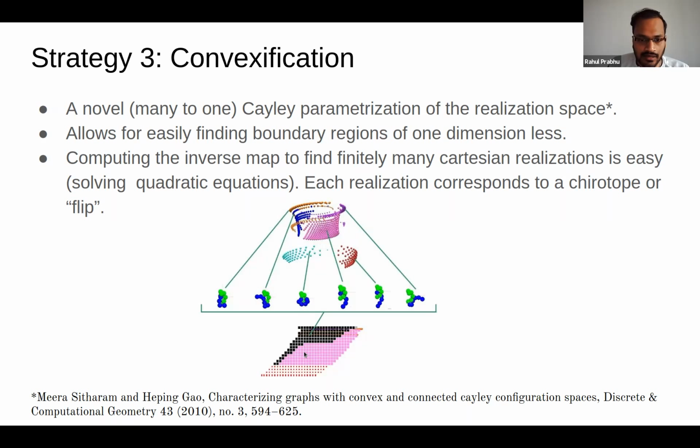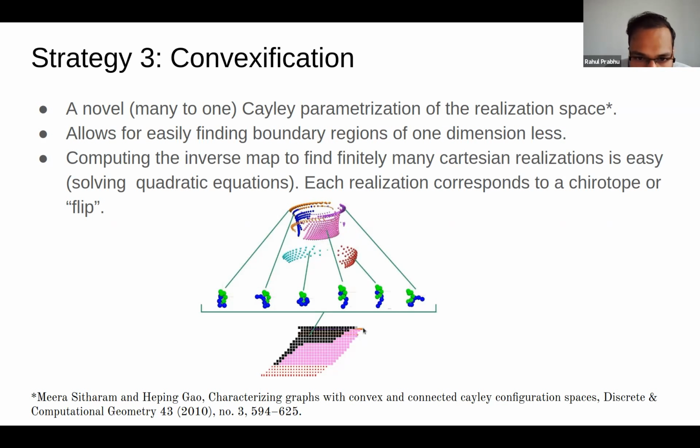So each little configuration here, each little sample here, corresponds to finitely many different configurations in the Cartesian parameterization. Whatever I've shown in pink here corresponds to the configurations that are pink upstairs as well, in the Cartesian configuration space.